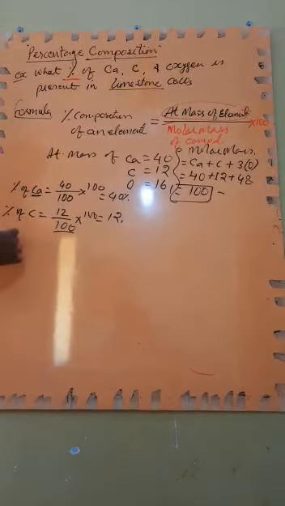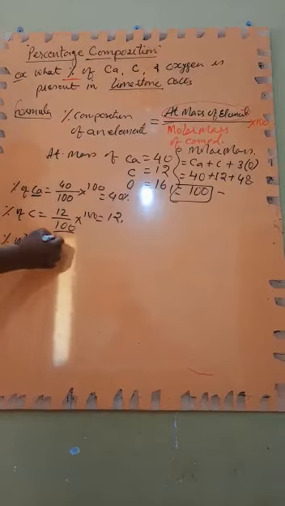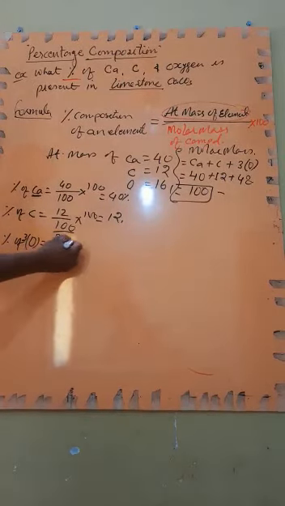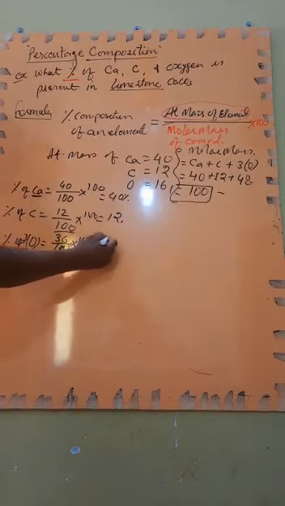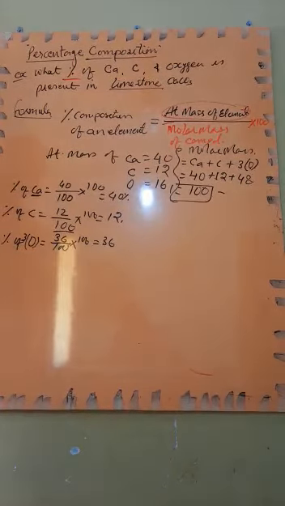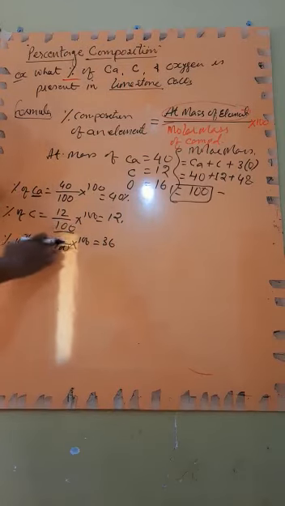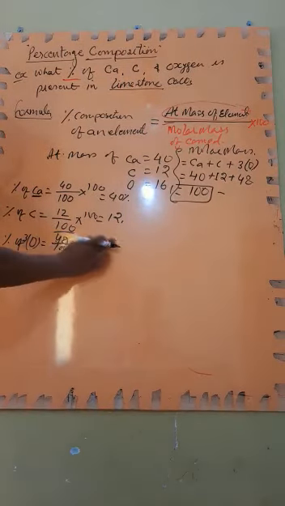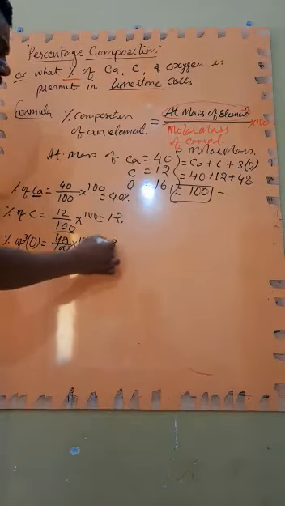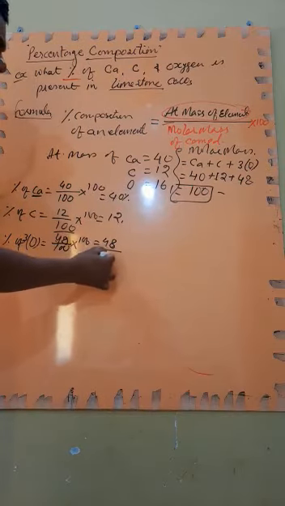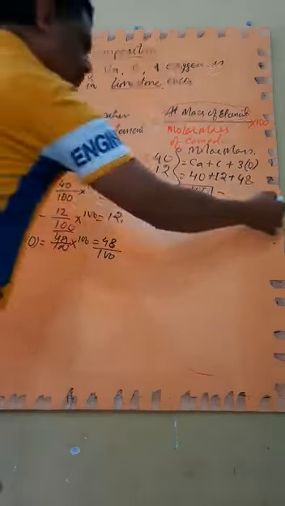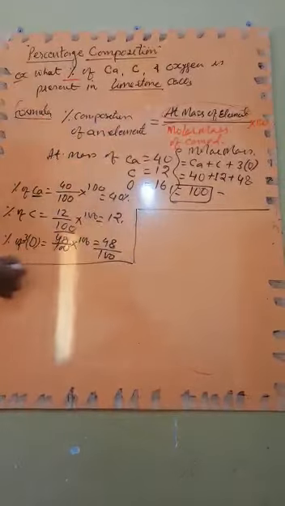And for oxygen, 3 atoms of oxygen are there, therefore we use 48 divided by 100 multiplied by 100, which is 48%. Now add them, it becomes overall 100. So in this way you can find the percentage composition.